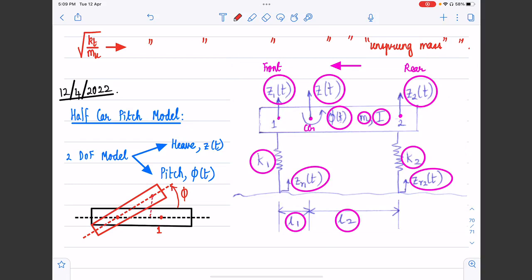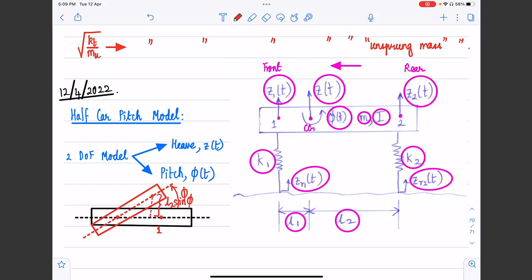That's going to be equal to L2 sine phi. I'm sure all of us can figure out why that is L2 sine phi, because L2 is the moment arm and phi is the angle of rotation. So L2 sine phi is going to be the vertical displacement of point number 1.